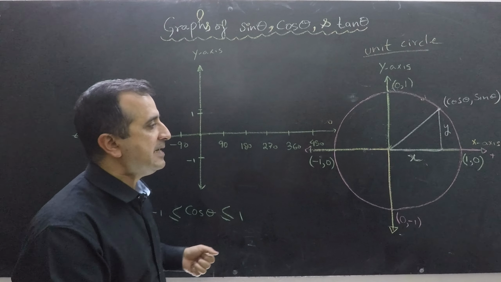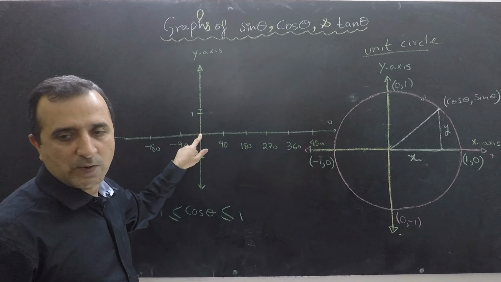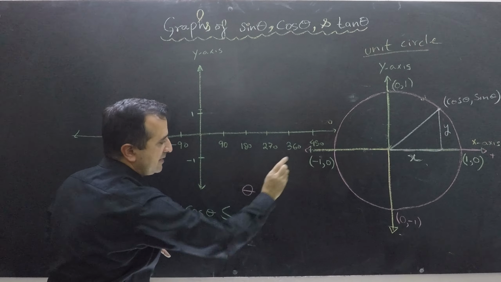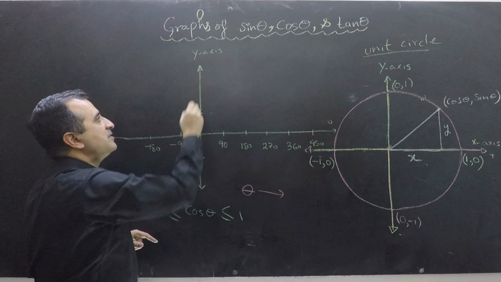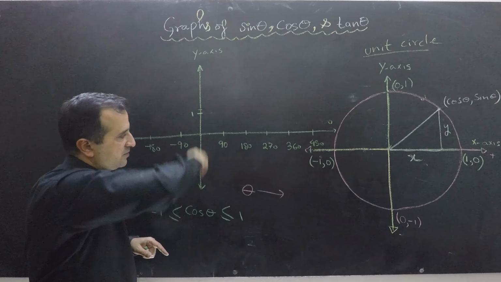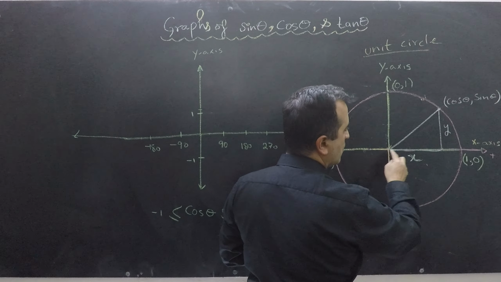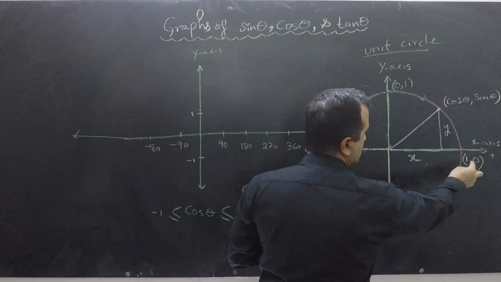So when theta is 0, which is this point, because remember this is our theta and this is our cos function. When theta is 0, then our cos is 1, because cos is x.